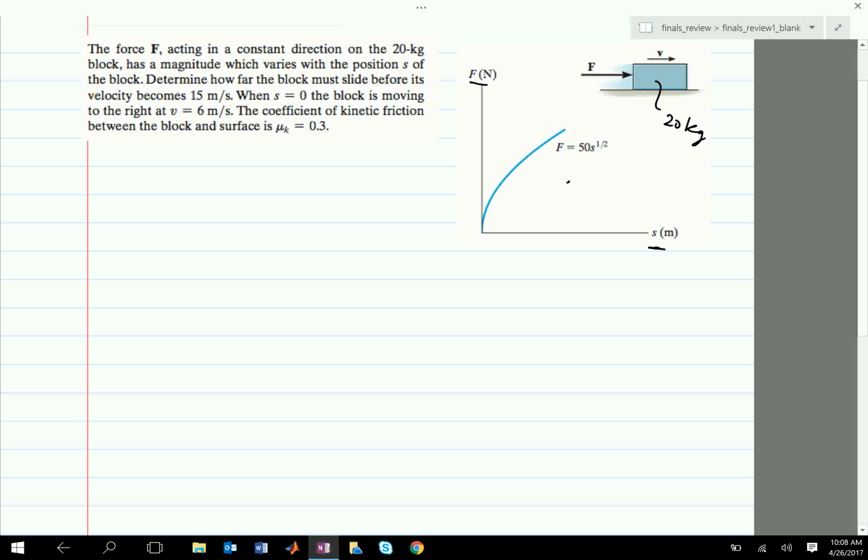Determine how far the block must slide before its velocity becomes 15 meters per second. When s equals 0, let's call it s1, the block is moving to the right with a velocity of 6 meters per second. So you're going to find s2 when the velocity is 15 meters per second. And there's mu k.